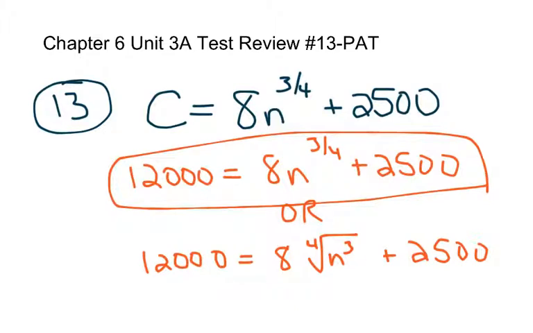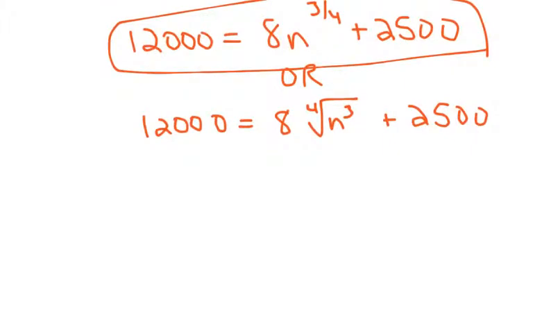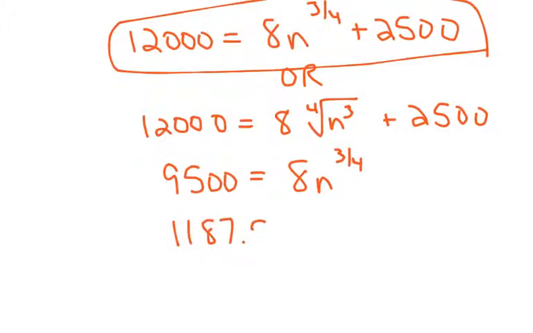Then they want us to find the number of chips, so we actually have to go and solve it for n. So first, we're going to subtract the 2,500 from 12,000. So 9,500 is equal to 8 n to the 3/4. And then I'm going to divide by 8 because I solve this like I do any other equation.